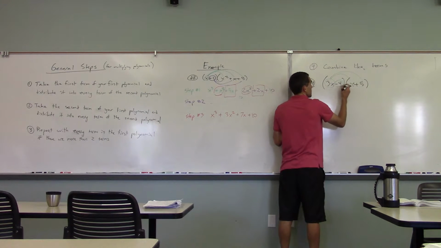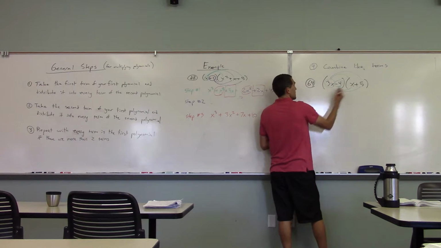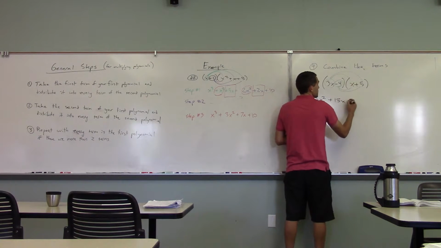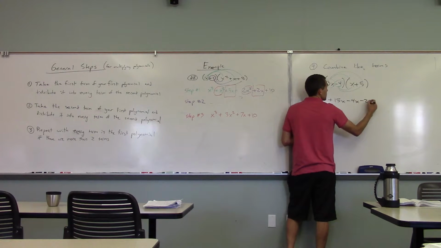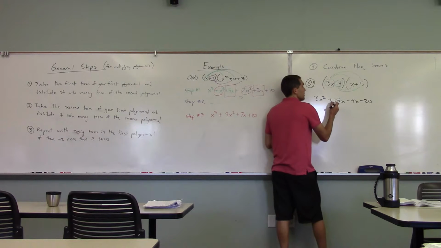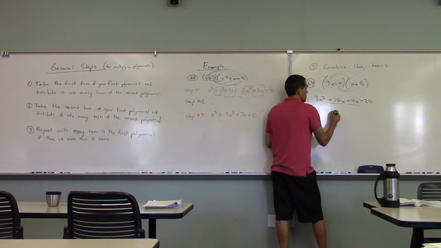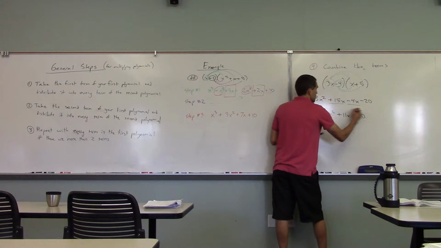Then I'm going to take my negative 4 and distribute it in as well. So 3x times x, 3x squared. 3x times 5 plus 15x. Negative 4 times x, negative 4 times 5. And then finally I combine my like terms, and I say I've got 3x squared plus 11x minus 20.